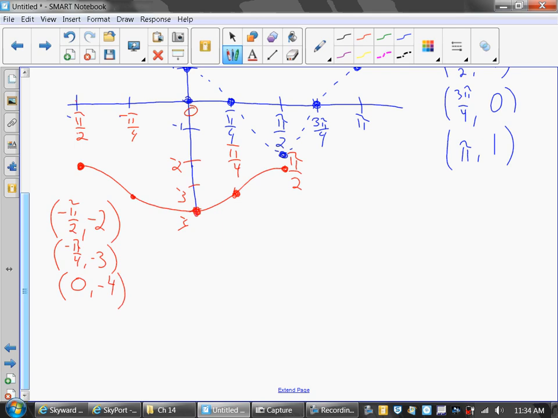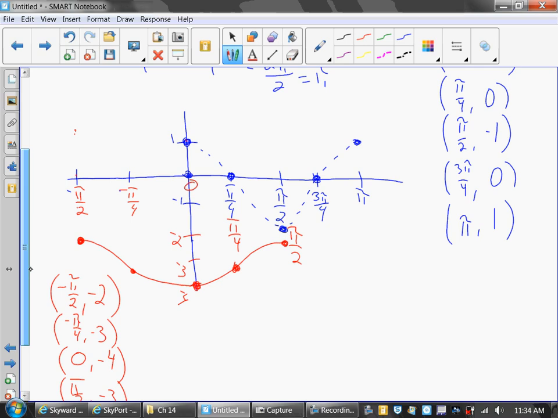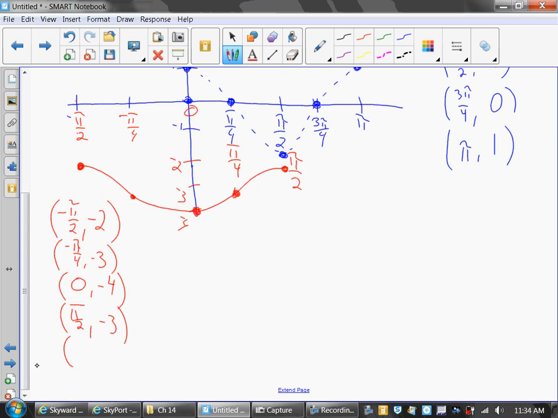Oh, no, it's negative 4, excuse me. And then it was at pi over 2, negative 3, and I skipped one. This was pi over 4. And then the last one is pi over 2 at negative 2.